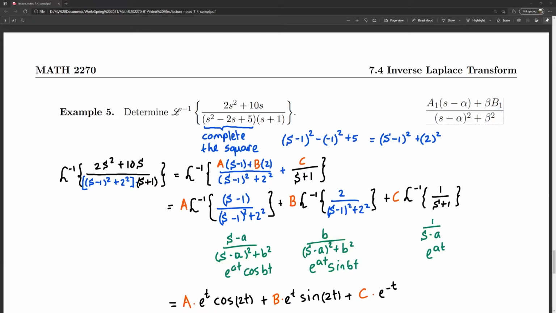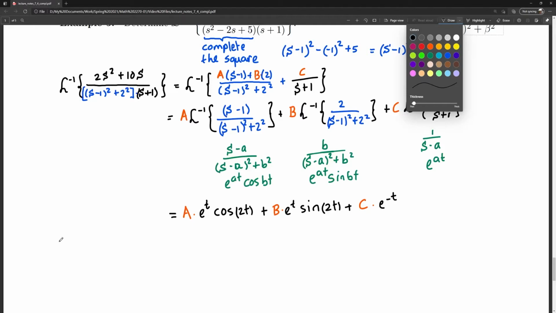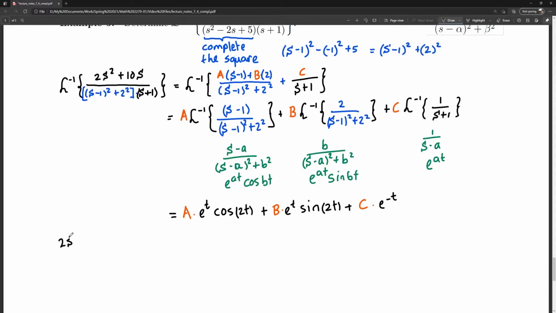All that is left to do right now is to find the values of a, b, and c. And we do that by looking at the original problem. We had 2s squared plus 10s, and then that was divided by s minus 1 squared plus 2 squared times s plus 1. And we set that equal to the decomposed fraction.